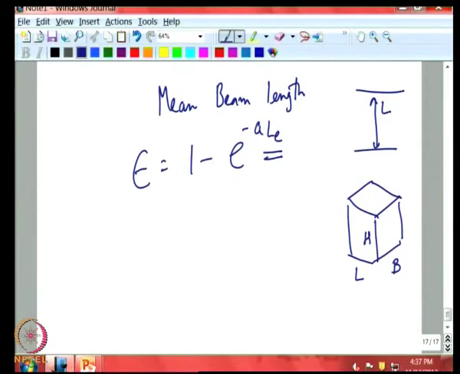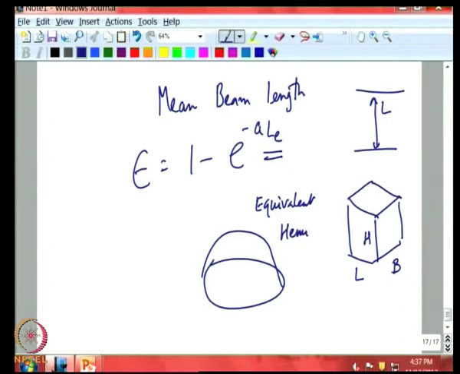Now, the way that is done is first to ask yourself if you can replace it by an equivalent hemisphere, and what is that radius of the hemisphere.